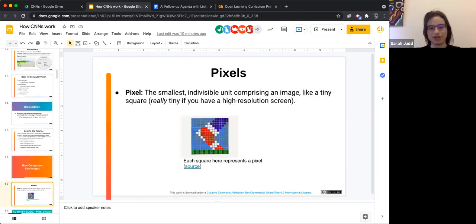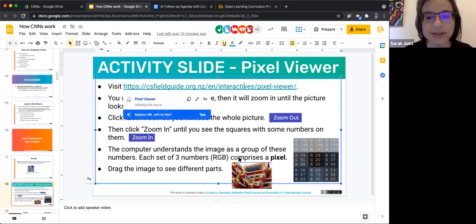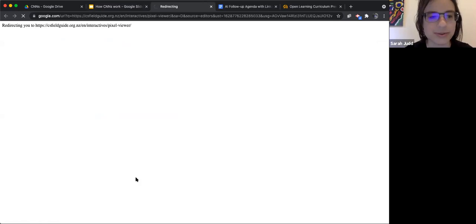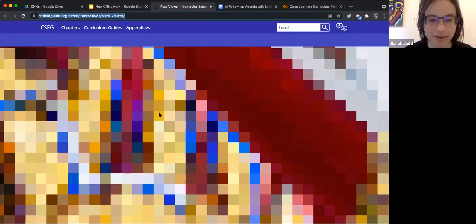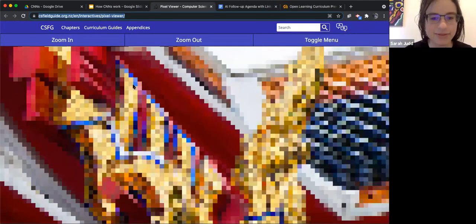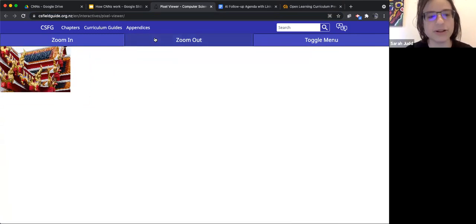How computers see images. They see images as a bunch of pixels. If you had not heard of a pixel before, there's this really great site. So here's an image. You can make it whatever image you want, but you can see that if you zoom out, it's a pretty normal image.